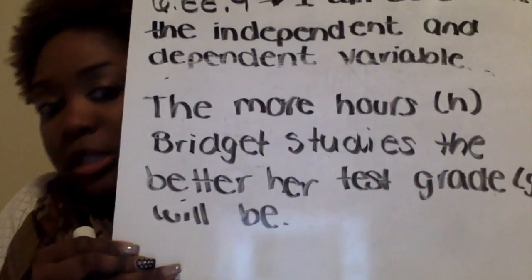It says the more hours, which can be represented by H, that Bridget studies, the better her test grades will be, which is G. Alright, so it's just this bottom half.